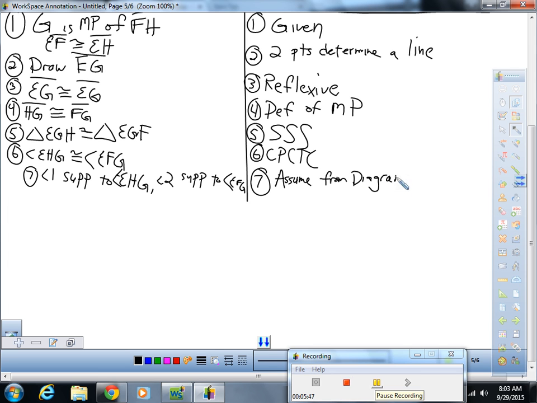I would also take definition of supplementary there. Alright, so look, I've got angle 1 is supplementary to EHG, angle 2 is supplementary to EFG. So now I can say that angle 1 is congruent to angle 2 by the congruent supplements theorem. And we've just done an 8-step proof. Give it to me.